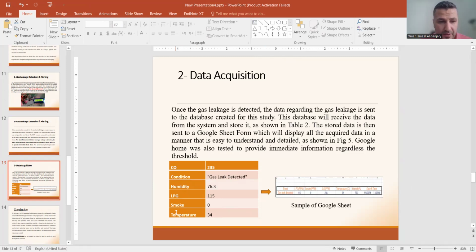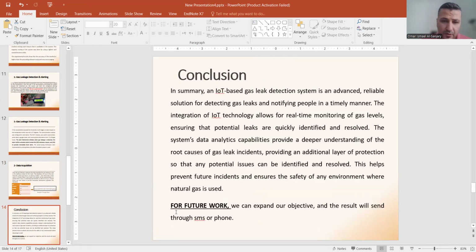The users can read it. For our conclusion, the system is very useful and very important for our life. It provides protection so that any potential issues can be identified and resolved.